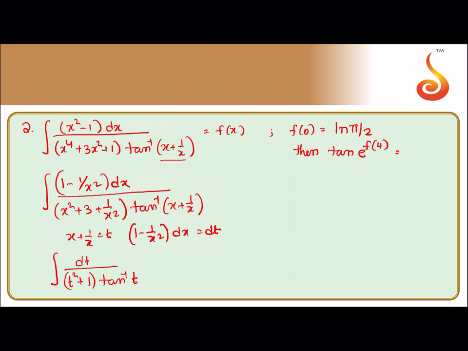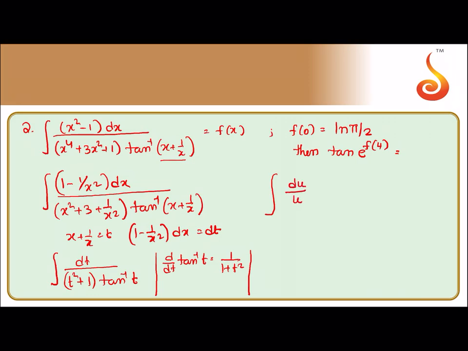This will give you t square plus 1 into tan inverse t. Again, the derivative of tan inverse t, d by dt of tan inverse t, is equal to 1 by 1 plus t square.